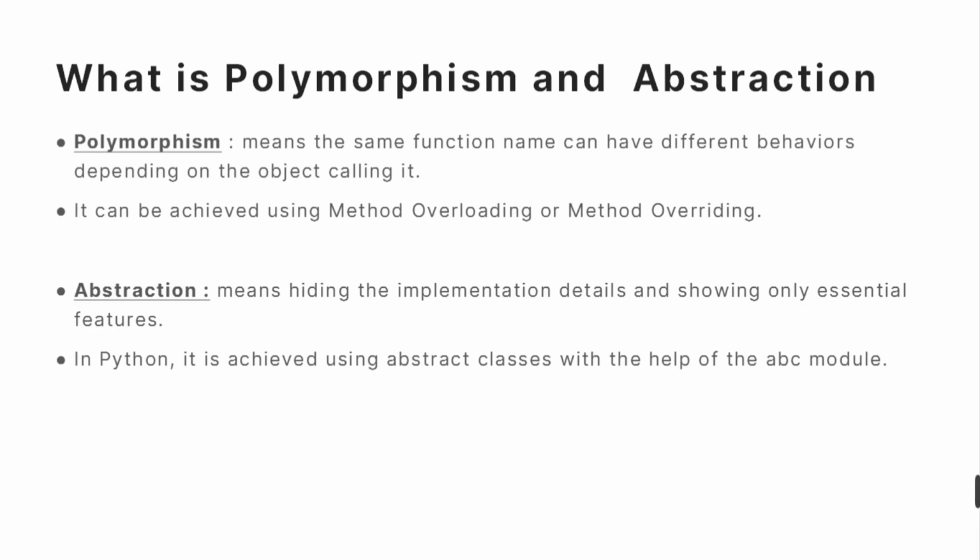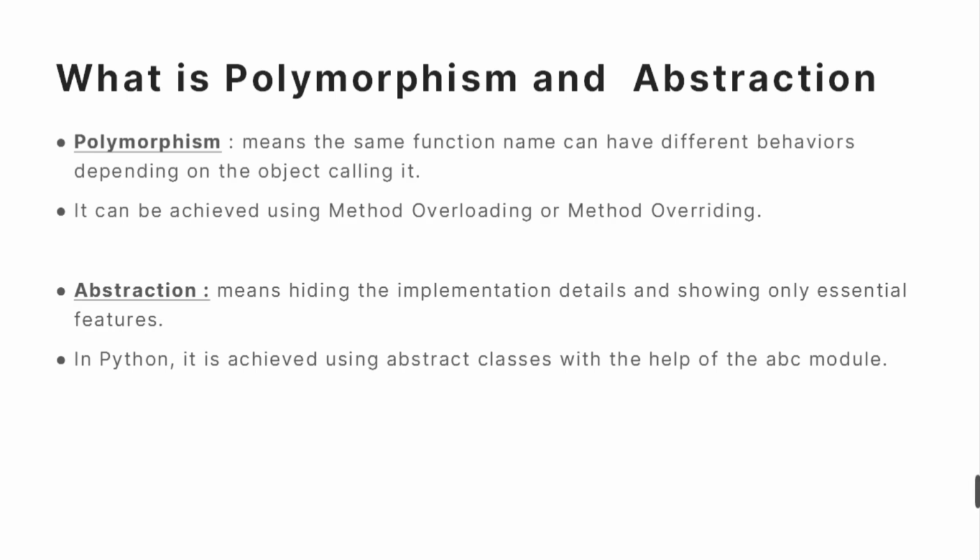These two types are achieved with the help of method overloading and method overriding. In Python, method overloading is not supported, but method overriding is supported. Whenever you implement inheritance, the child class overrides the parent class method, I can say.